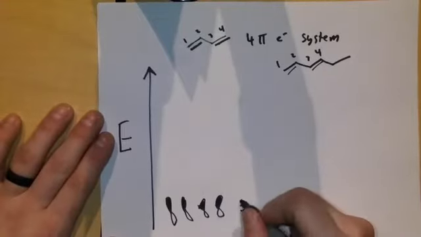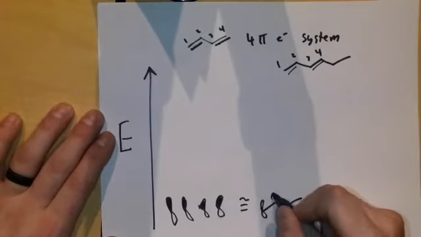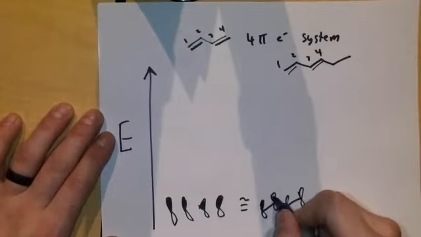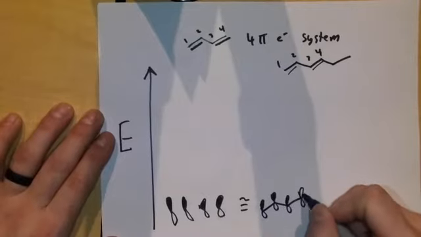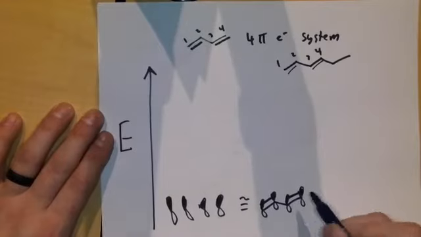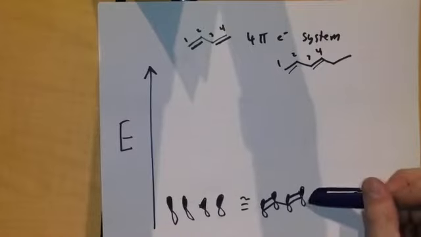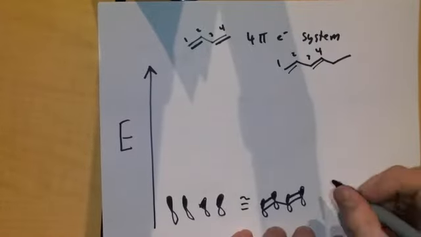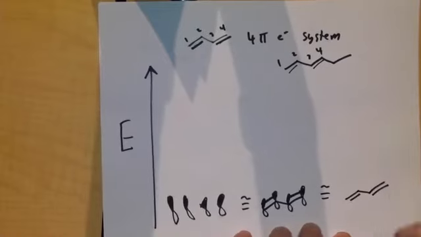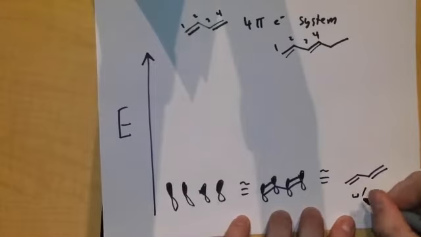So this would equate to something that looks like this here. This is drawing it onto our carbon skeleton. We could also draw it as this. I'm going to write with resonance.